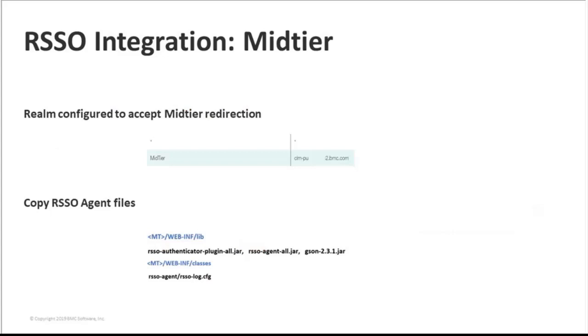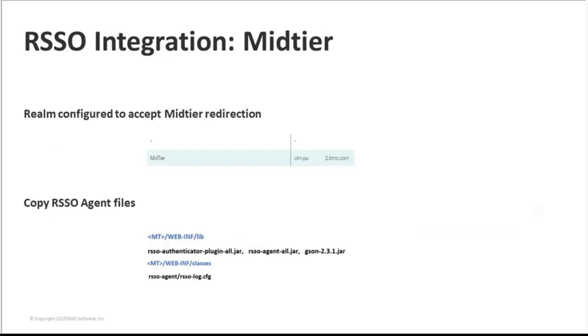When it comes to integration of Midtier, it's the RSSO agent files and some of the configuration files that need to be edited so that it can be integrated. First of all, you can do this integration of Remedy SSO with Midtier using the Remedy SSO installer or by the manual way of doing it.